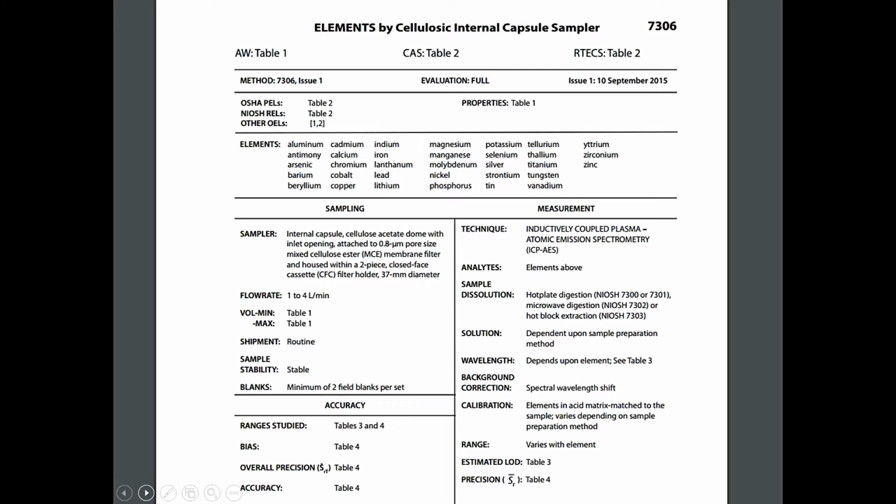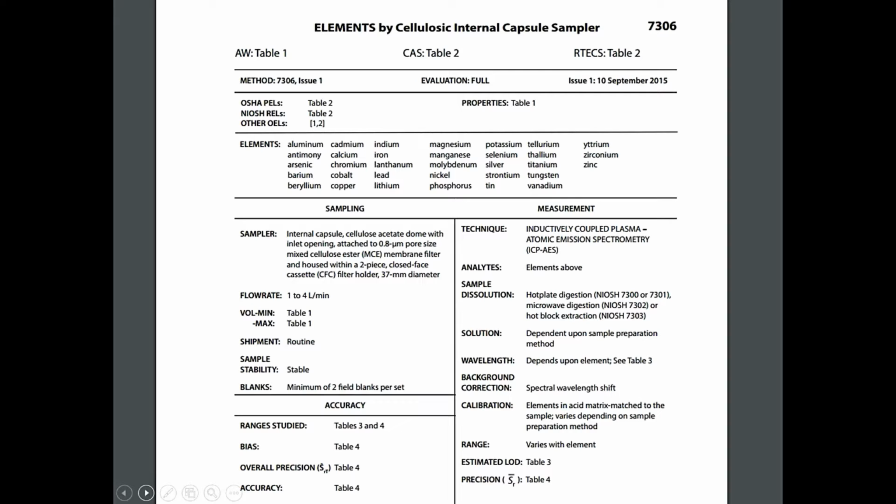Now, if we then look at chemical analysis, with the IOM cassette, of course, the filter is removed from the cassette for analysis. I'm not sure if in Australia labs are routinely rinsing and wiping the IOM cassette. The IOM cassettes are conductive, so you don't have the issue of static electricity, and metals are not sticking to the side from static.